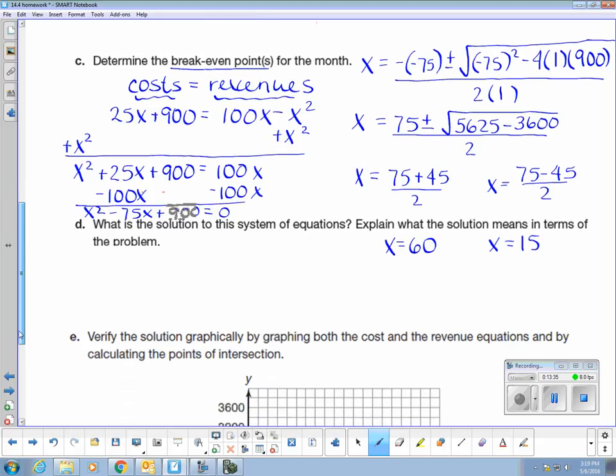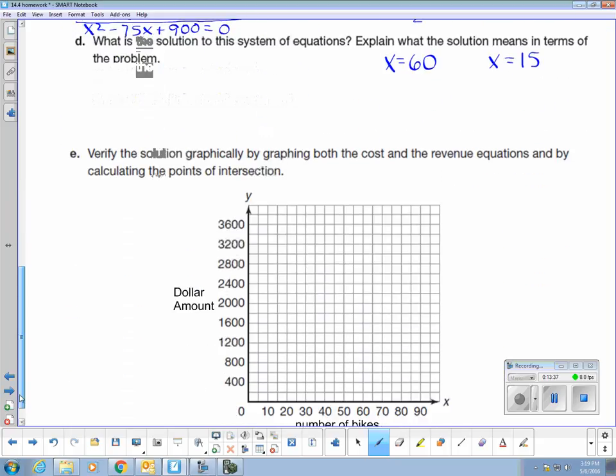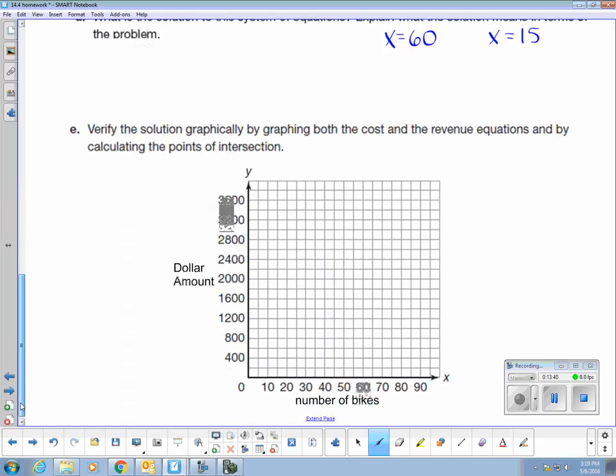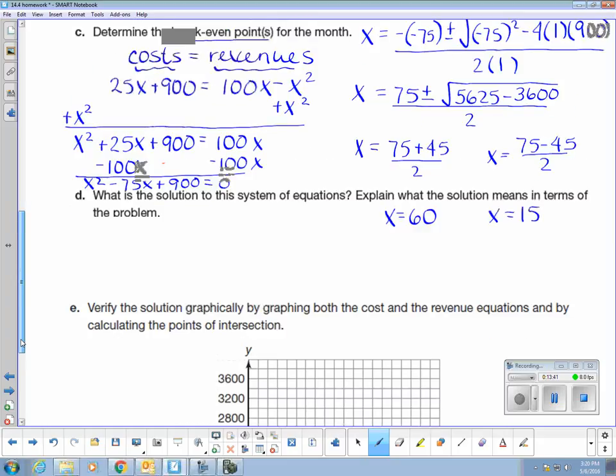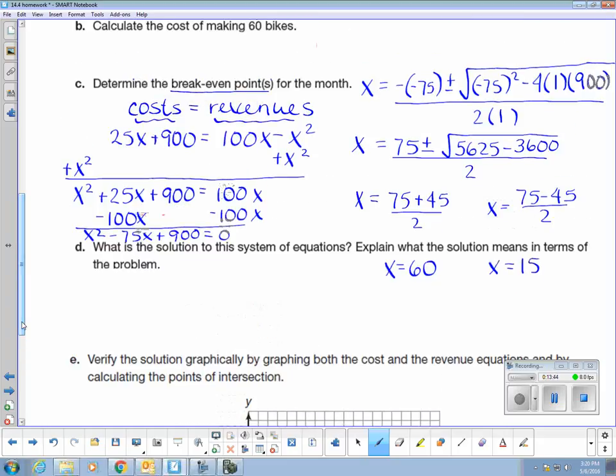We may need to graph this. Yes, we do. So let's take a look at what this looks like on a graph. So I'm going to go back and use Desmos, and I'm going to place each of these functions into the graph so that we can see where their break-even point is.